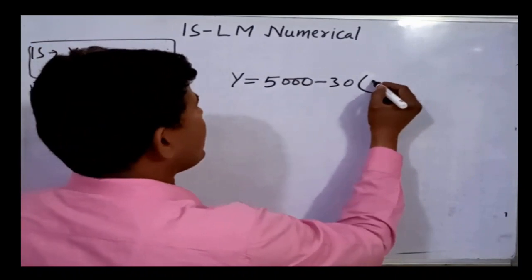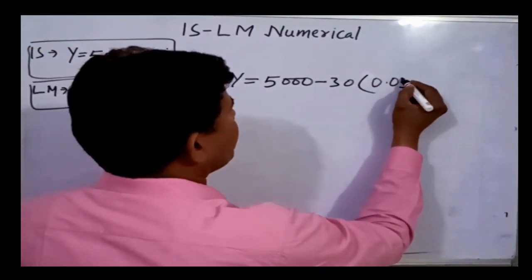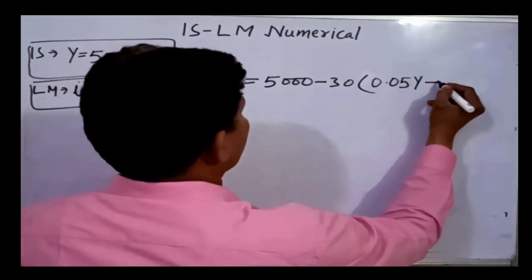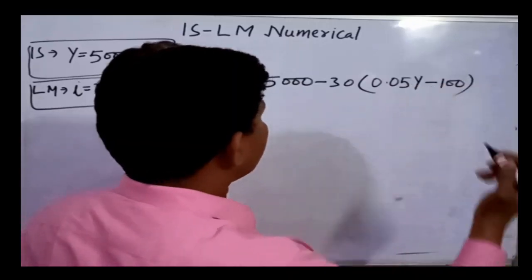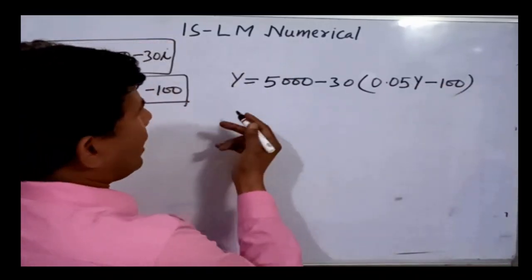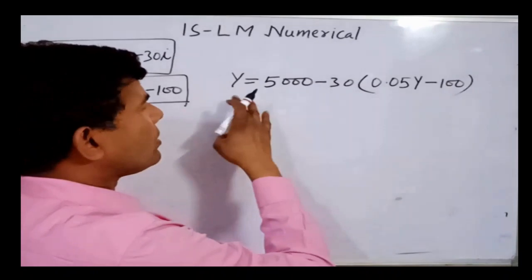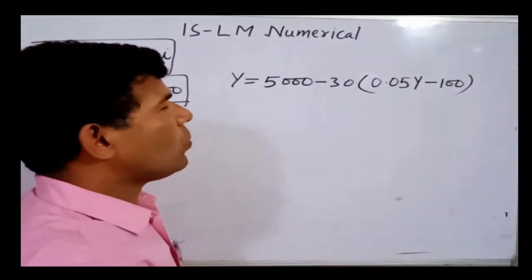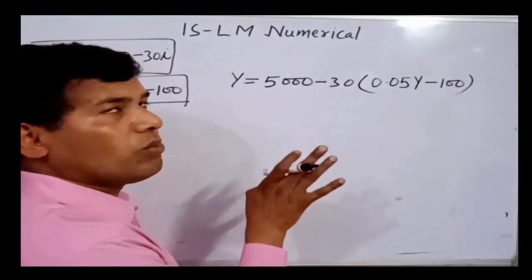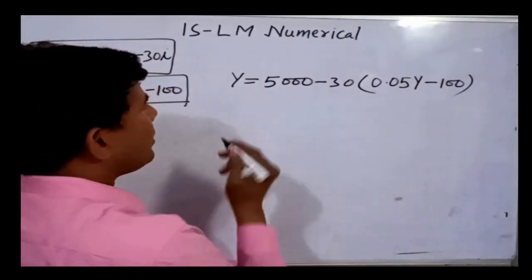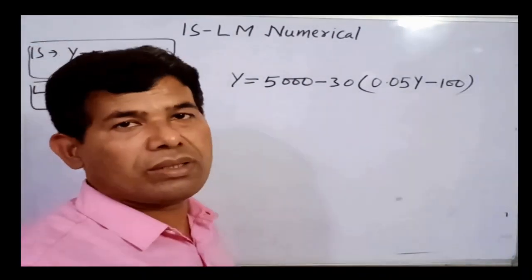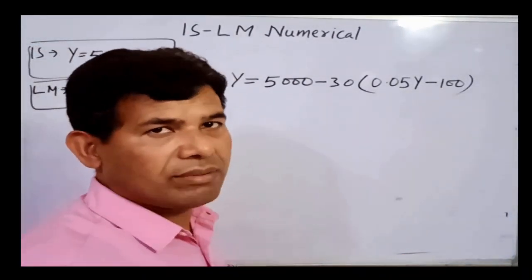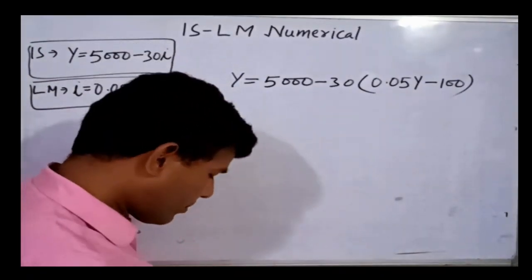The value of the interest rate is 0.05Y minus 100, right? Now we have this expression where only one unknown variable is there, and that is your Y. Now we solve for the value of Y, and we get the equilibrium level of income for the economy.